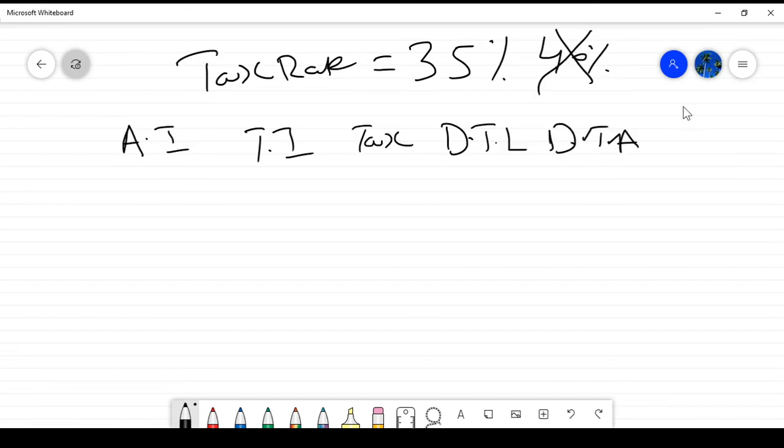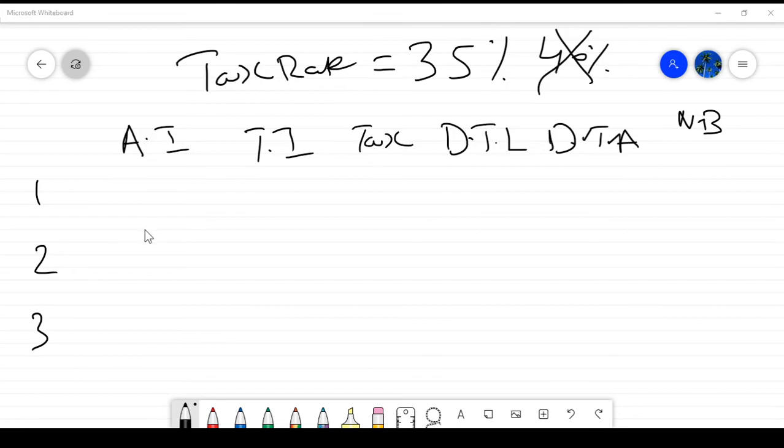The net balance may be a deferred tax asset or liability. So first year, second year, third year.